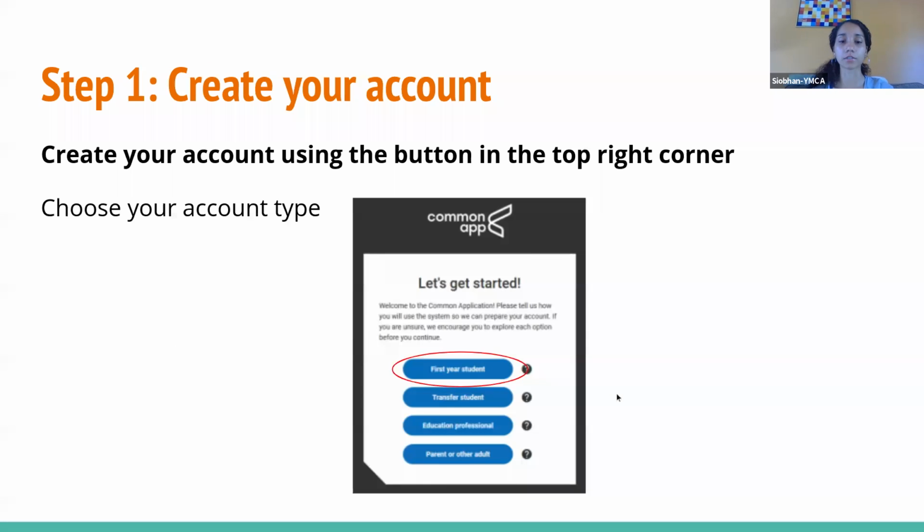If you're a transfer student, meaning you've gone to a community college or you've gone to another four-year university, and you're looking to send your Common App to another college, you would choose transfer student, and that's a different type of application. Education professional and parent or other adult, you don't have to worry about. So first year student would be what you guys would choose.